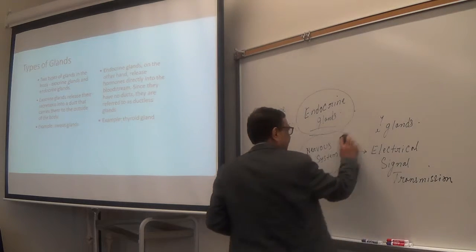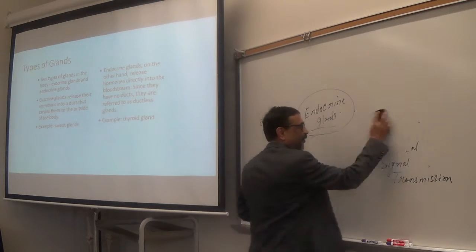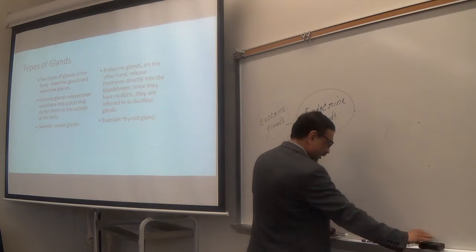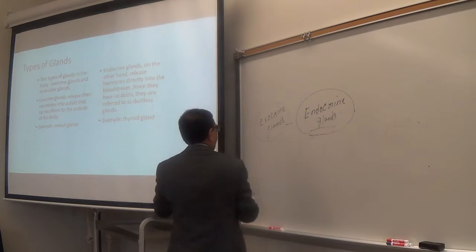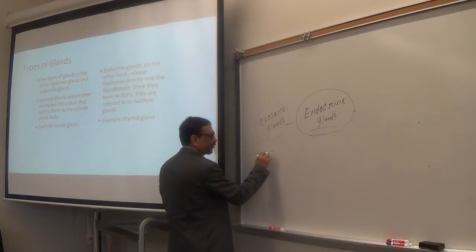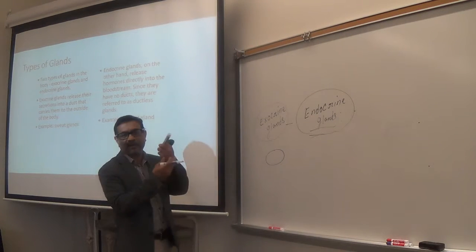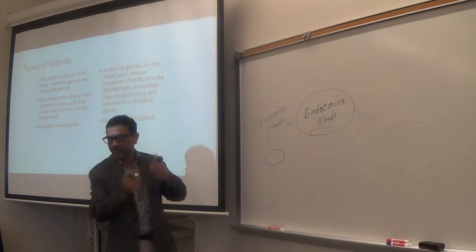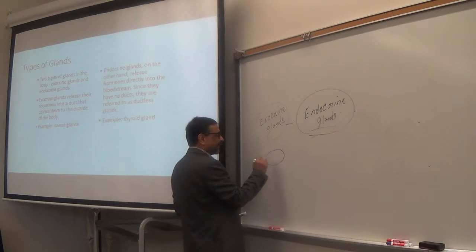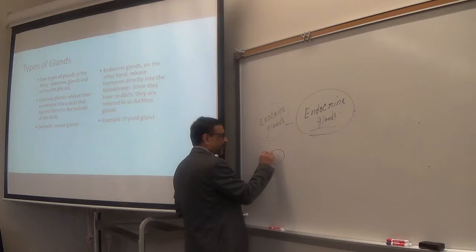How are they different from each other? If you see an exocrine gland, for example, your sweat gland that secretes sweat, you will see these are the cells inside the gland, right?